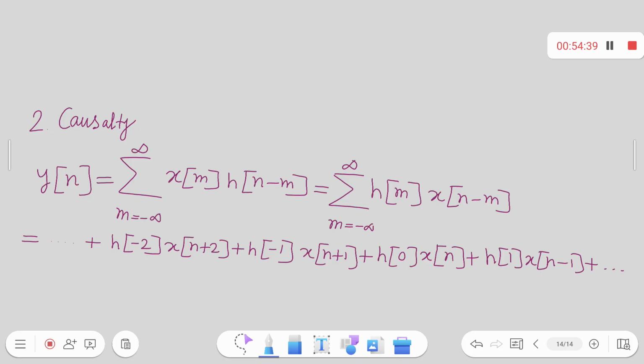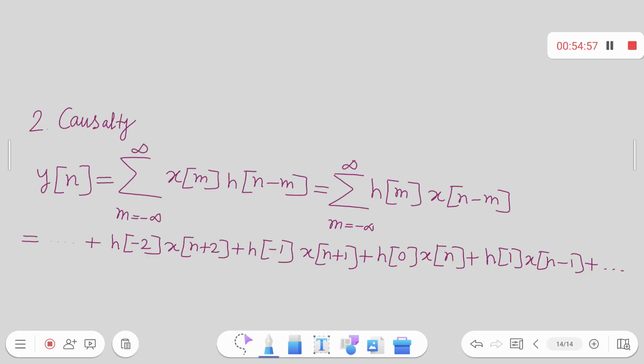What about x of n plus 2? What about x of n plus 1? What about x of n plus k for k greater than 0? These are all future samples. So y of n must not depend on x of n plus 2, and y of n must not depend on x of n plus 1.